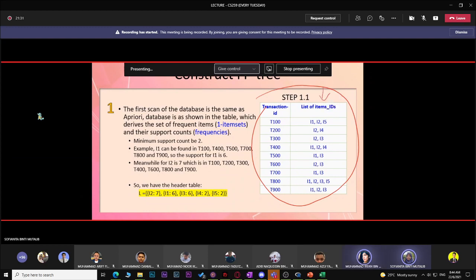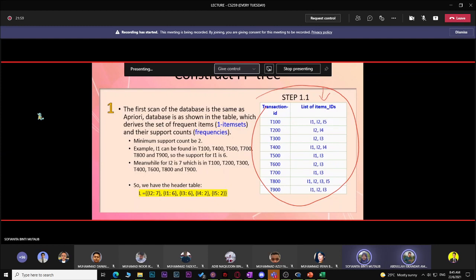I1, and then we have I2, and then I3, I5, I4. Is that right? Are there more? No. So these are all the items that can be found in the data set.